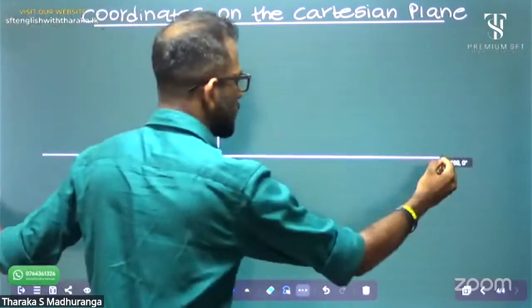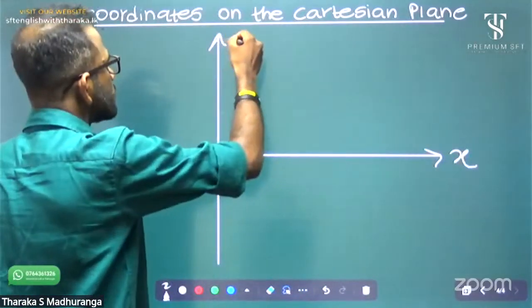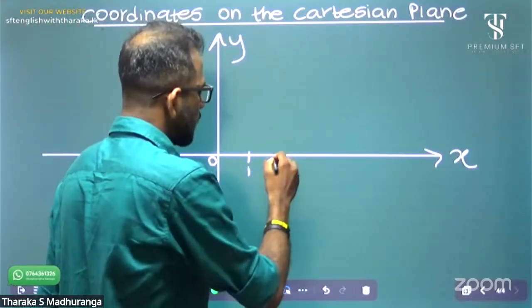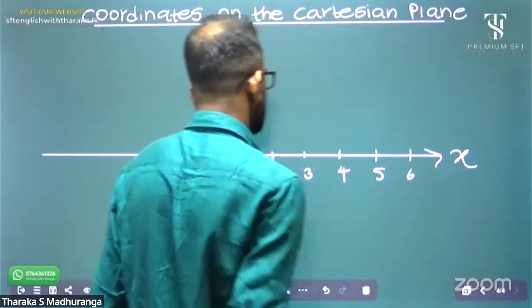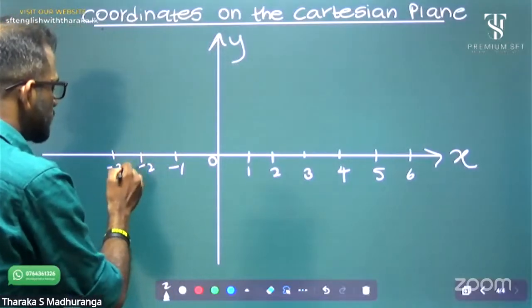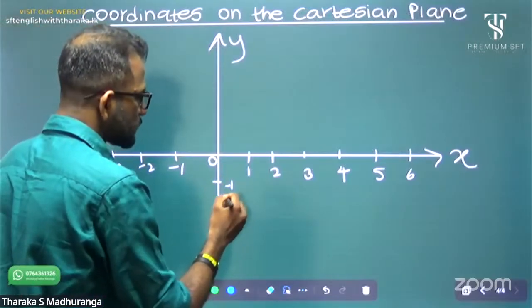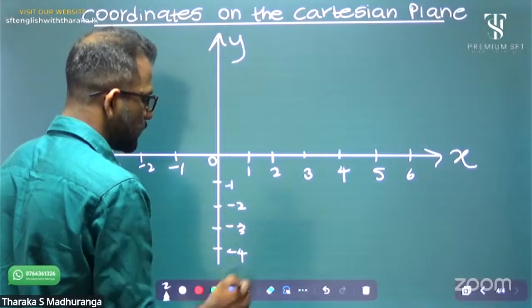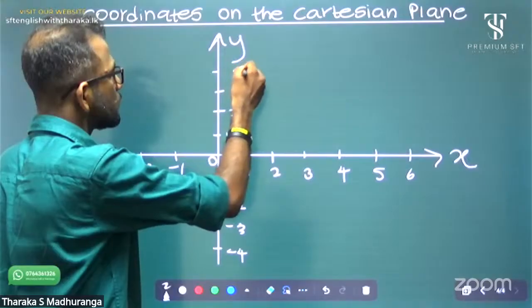This is the x-axis and this is the y-axis, and this is the initial point 0. Then 1, 2, 3, 4, 5, 6, and -1, -2, -3, -4, and 1, 2, 3, 4.